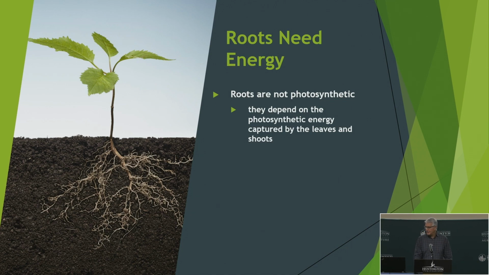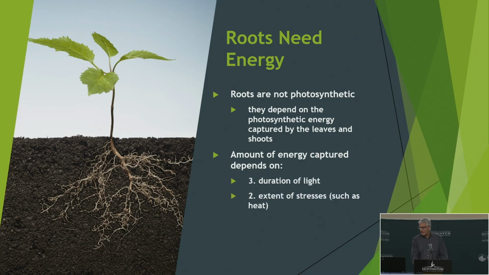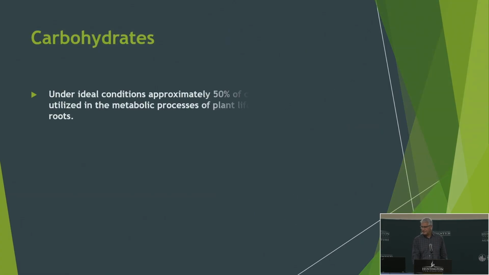Roots need energy. Roots are not photosynthetic. They depend on photosynthetic energy from the leaves and the shoots. So we need to keep that plant well maintained with nutrition so it can supply the roots. The amount of energy captured depends on the duration of light and the extent of stresses such as heat in the leaf surface area.